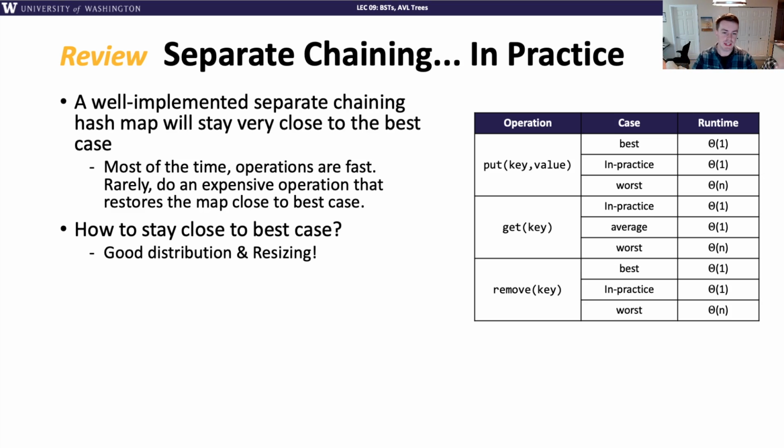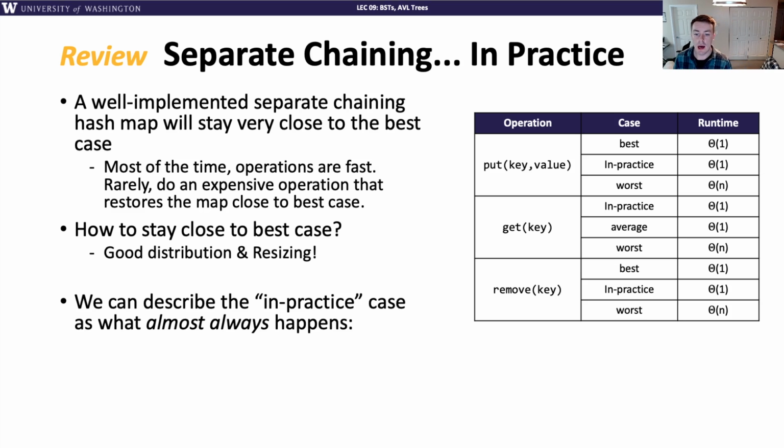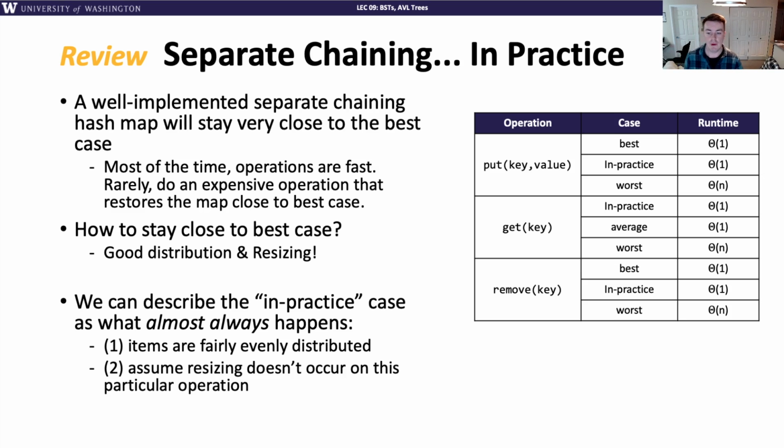And we assume we're going to resize our hash table every once in a while, but not too often. So when we say in practice, we mean it's almost always the case that it's going to be theta of one runtime. But again, it's technically not a guarantee, right? Because cases don't just tell you about, if this situation's happening, what's your runtime?